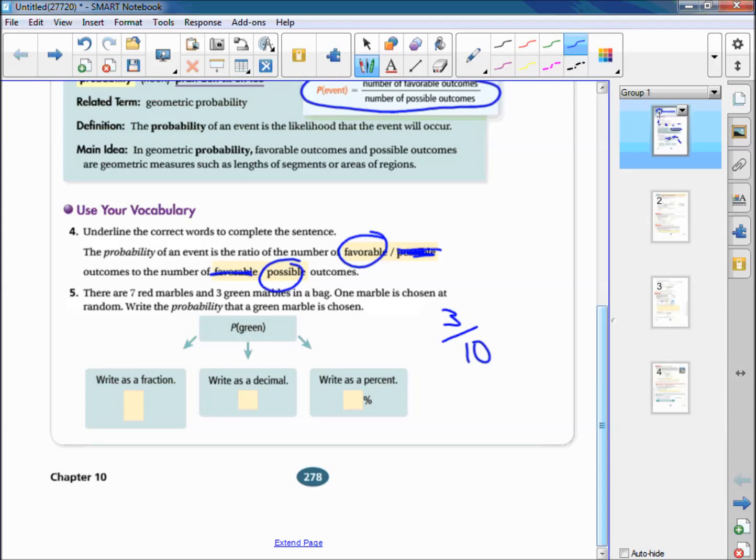It's the stuff we want out of the total. As a fraction, this would be 3 out of 10. As a decimal, this would be 0.3, and as a percentage, this would be 30%. So we would suspect that if we did this experiment enough times, about 30% of the time we would get a green marble.